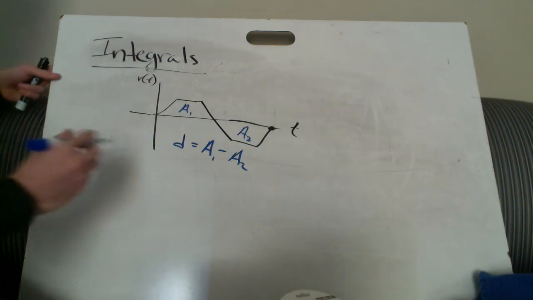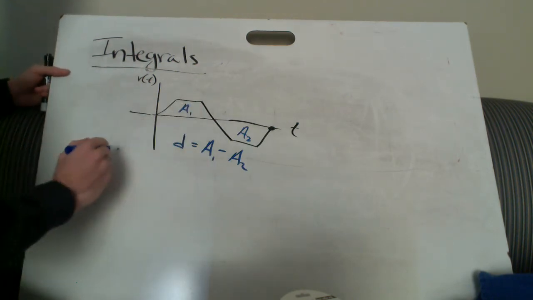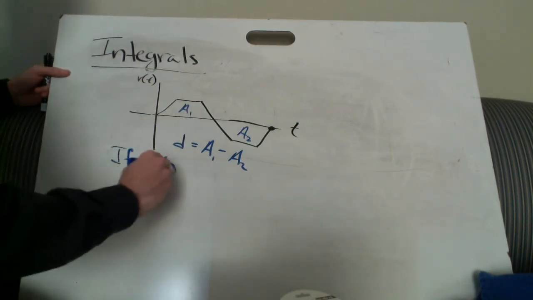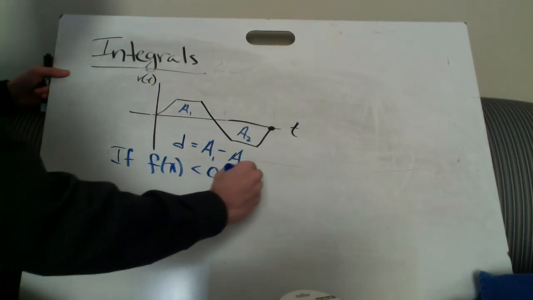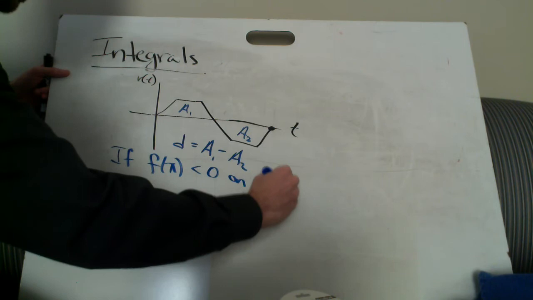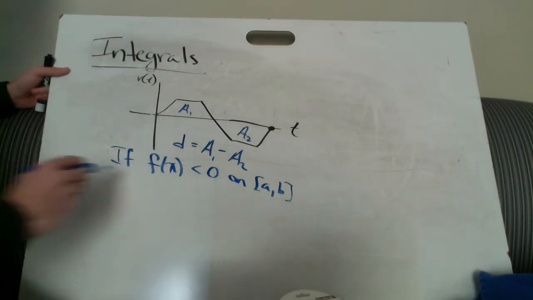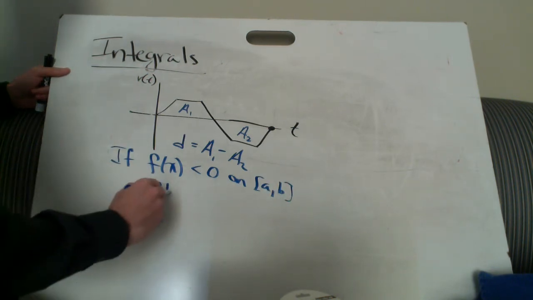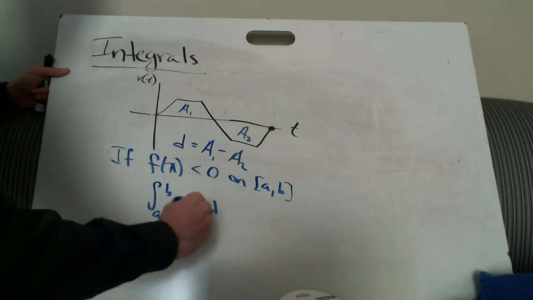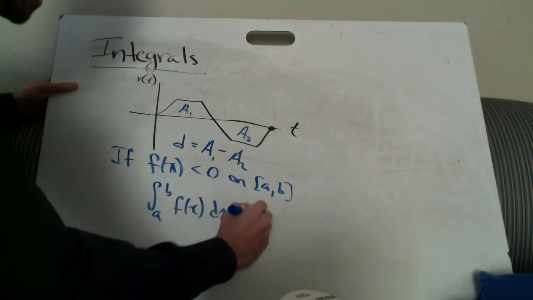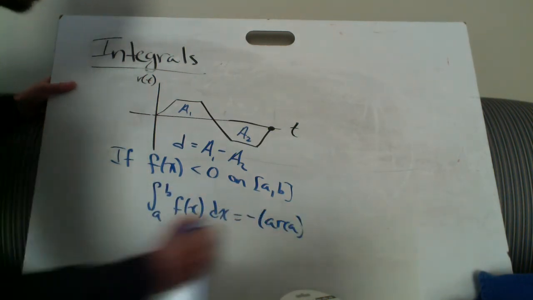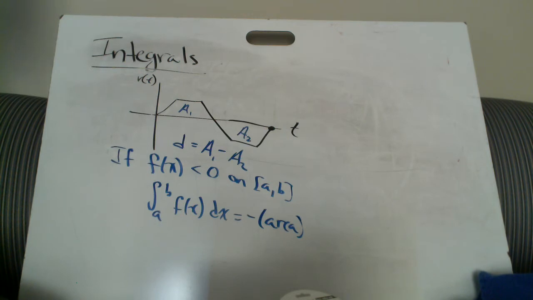So if, for instance, f of x is less than 0 on some interval, then the integral from a to b of f of x is no longer just the area under the curve, it's actually negative the area. Okay? Negative that area. It's a negative area.